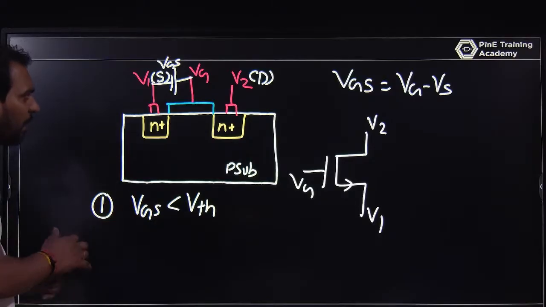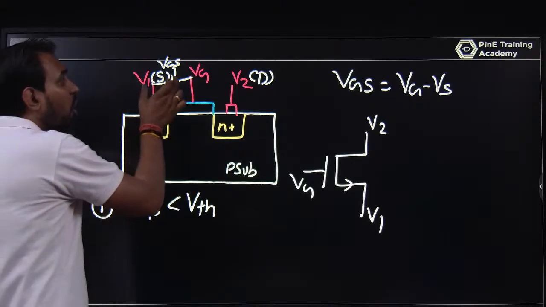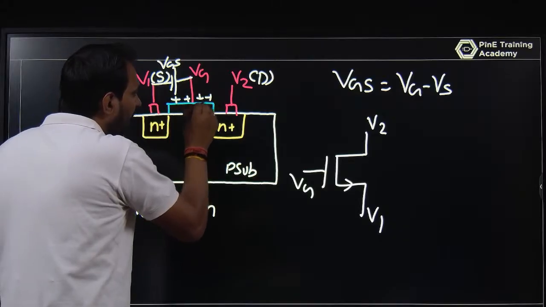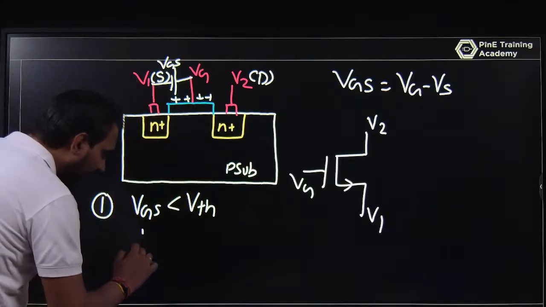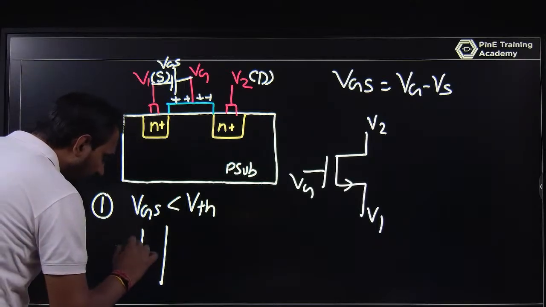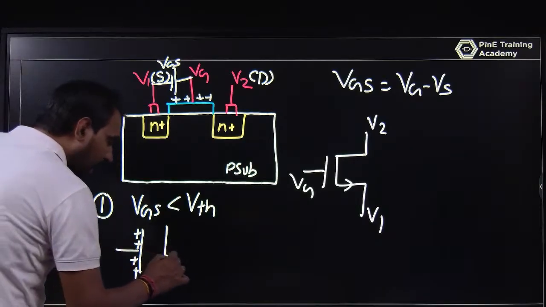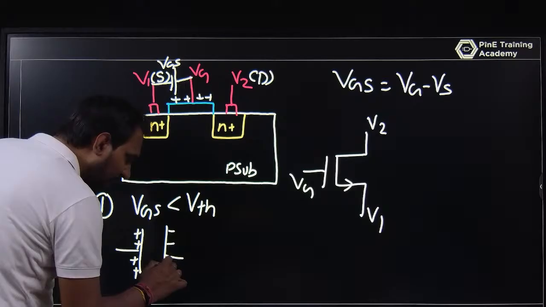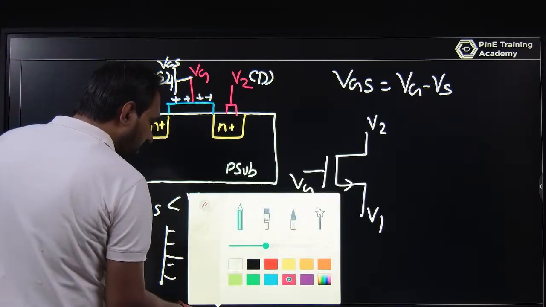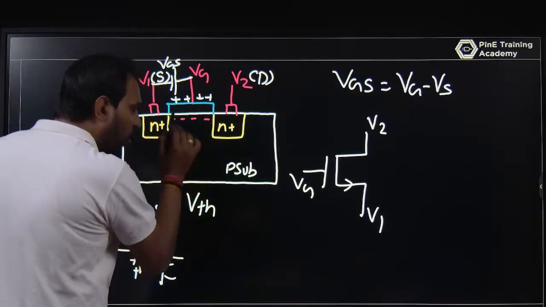So what is happening? You are providing the gate to source voltage, but it is not enough. This has a positive voltage here, and you have one plate, another plate, and in between you have an oxide. If you provide a positive charge here, due to the electric field there will be a negative charge here. So there will be a formation of negative charge due to the N plus and body.